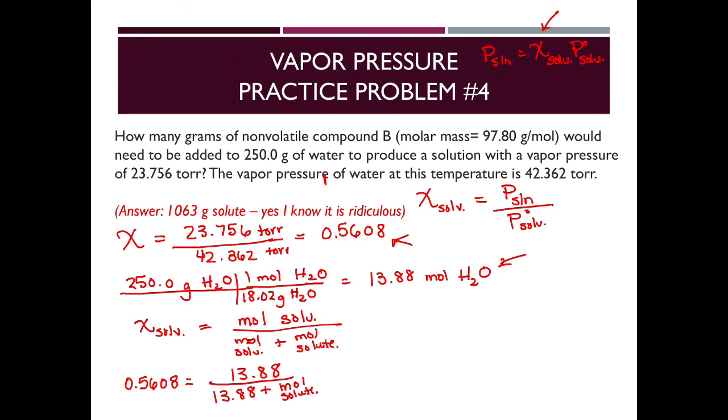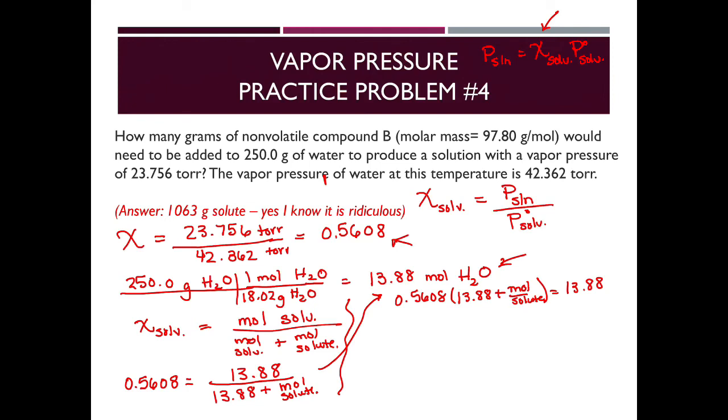So now it's just kind of a fun-with-math thing, right? We can multiply the denominator by both sides, which gets us 0.5608 times 13.88 plus moles of our solute is going to equal 13.88.